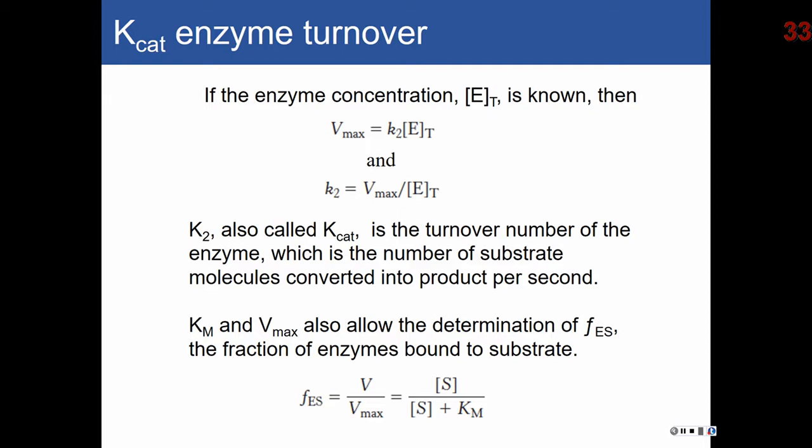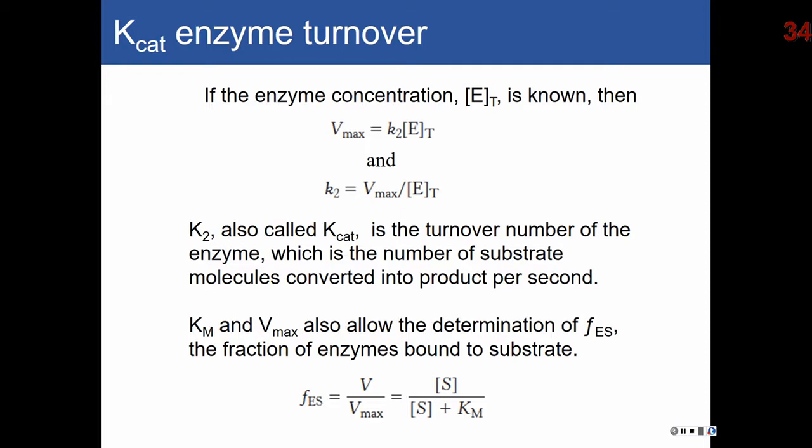So we know that Kcat is actually this equation here. Definitely know that part. Know that Kcat and K2 are the same. Okay, so that's the turnover. That's a speed. It's the number of molecules of substrate converted to product per second.